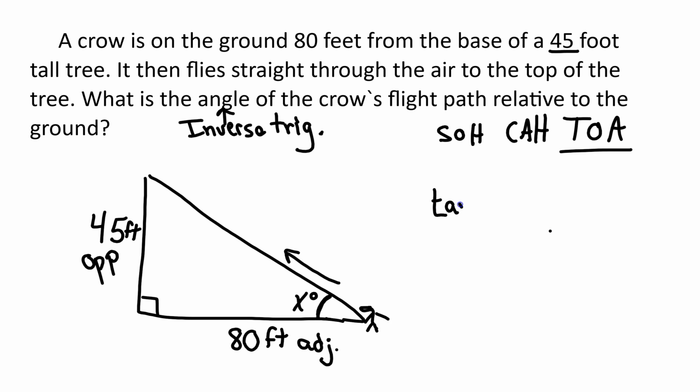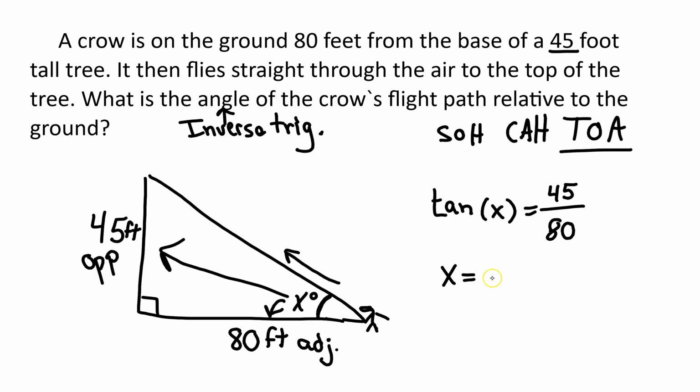So we'll say the tangent of angle x, the angle we don't know, is equal to opposite 45. You go across the triangle to get to it, over adjacent 80. It's next to angle x. So we solve this for x by getting the inverse tangent. So x is equal to the inverse tangent of 45 over 80.